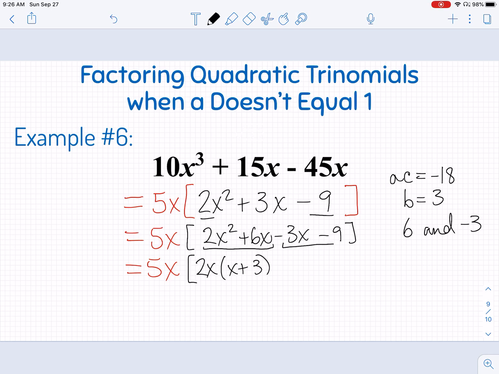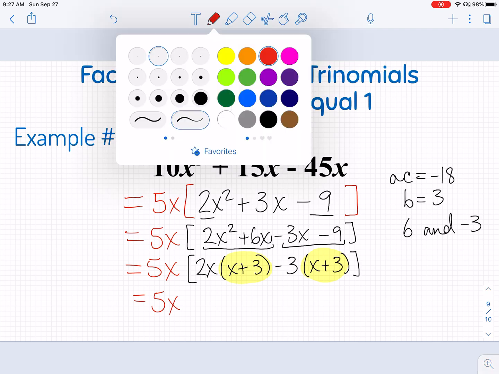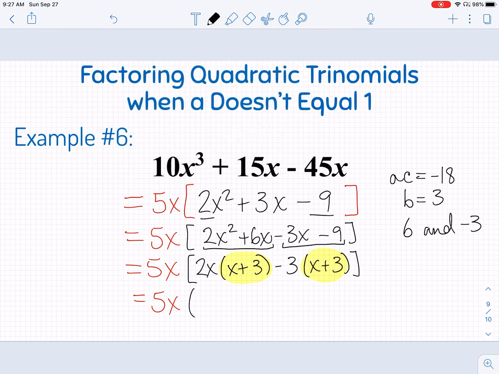GCF between -3x and -9 is -3. Don't forget that bench warmer. And I say, okay, what's common between these two terms is x plus 3. So then I have x plus 3, 2x minus 3.